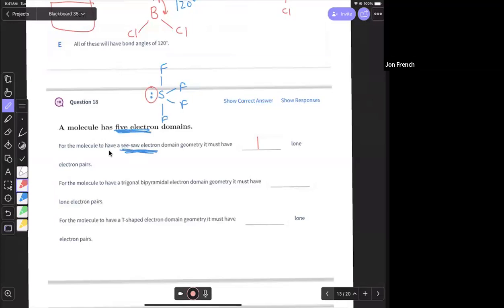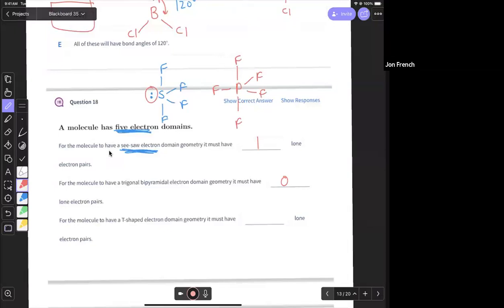For the molecule to have trigonal bipyramidal molecular geometry, that would be like phosphorus pentafluoride. I hope that exists. Yeah, that exists. So that's trigonal bipyramidal, so it must have 0 lone pairs.